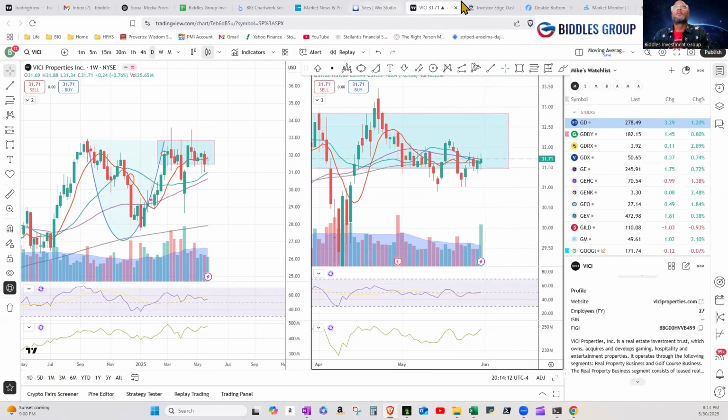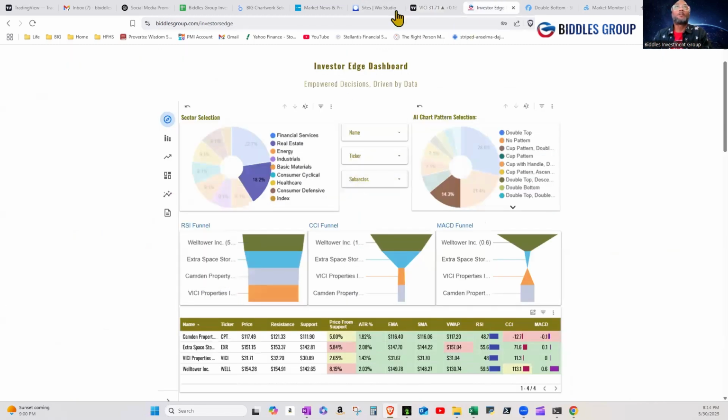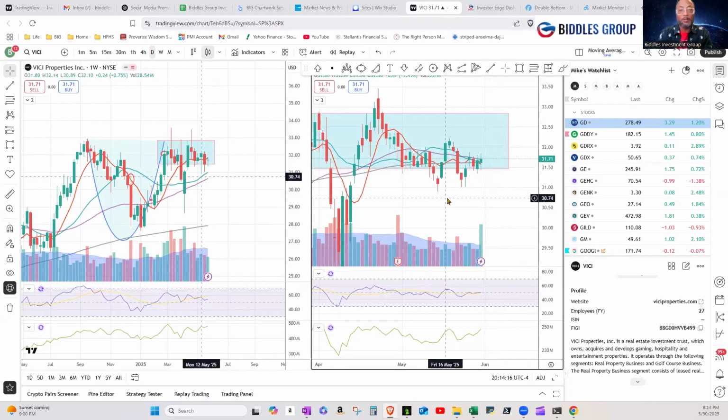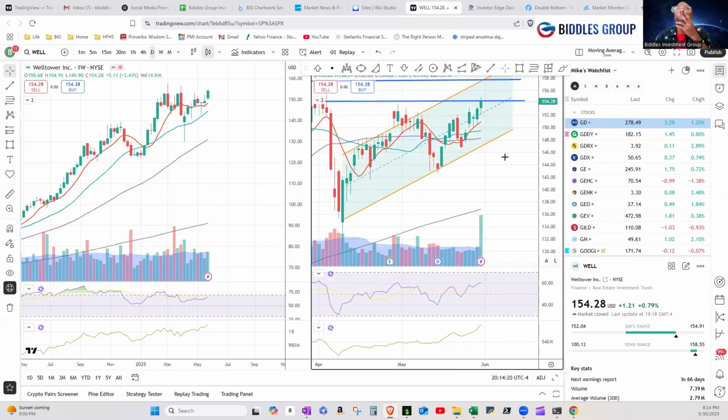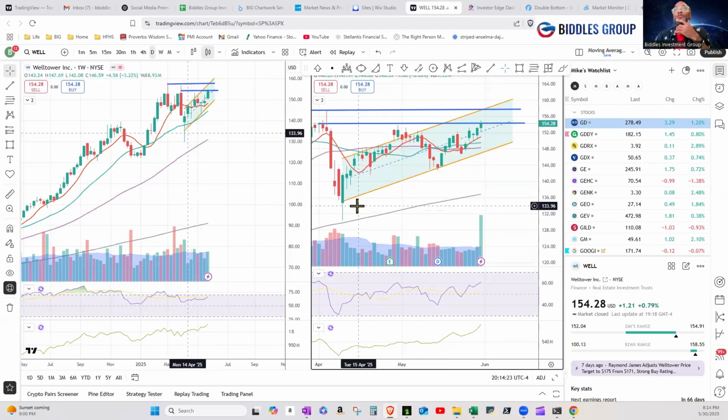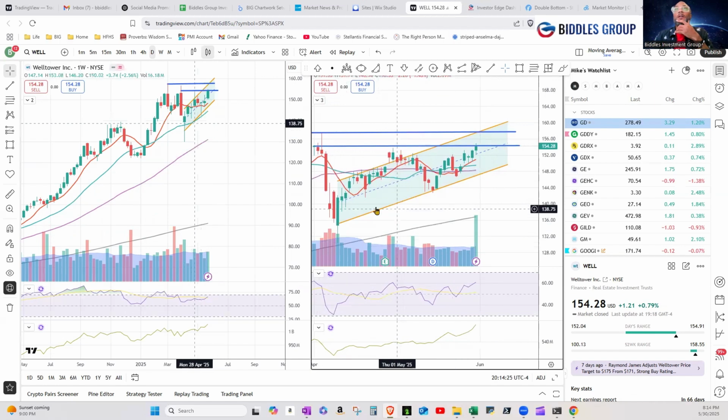So let's go to another play here. Let's look at Welltower. Okay, Welltower's up there. We drew a parallel channel here, and we see it bounced off that channel. It's heading towards the first resistance level, and then there's a second resistance level. So it's got to break out of here.